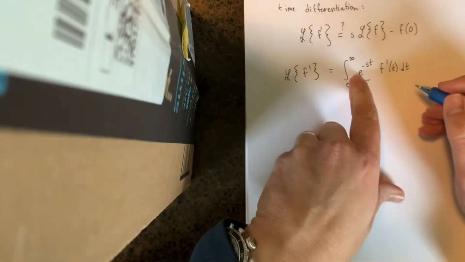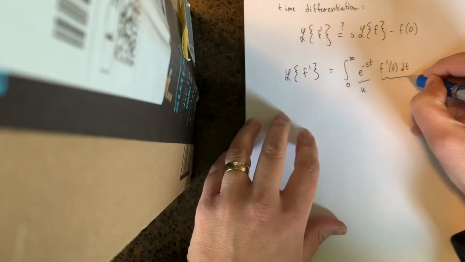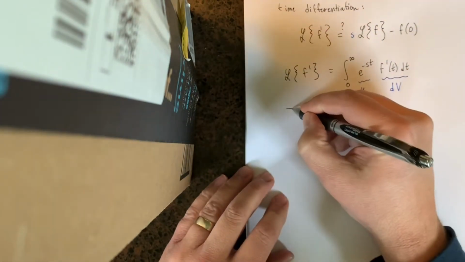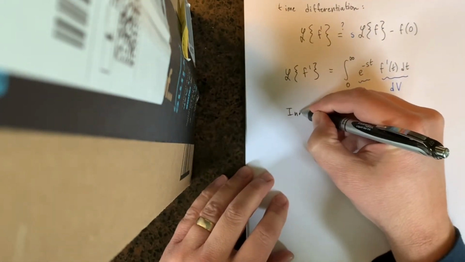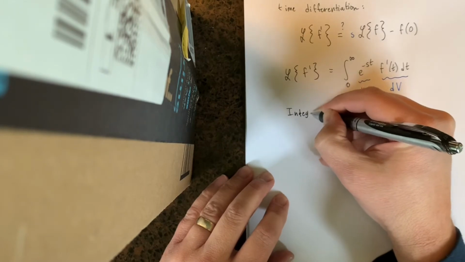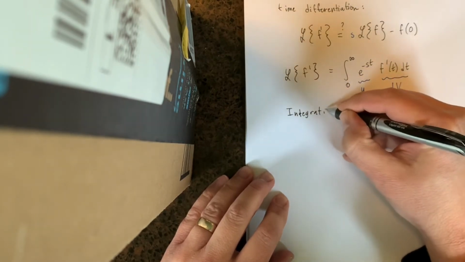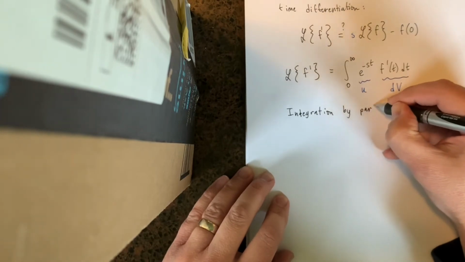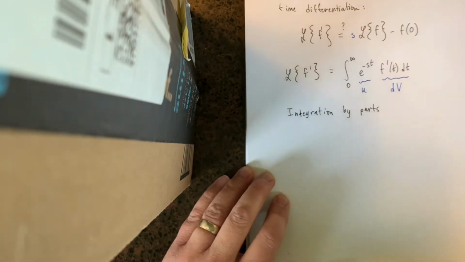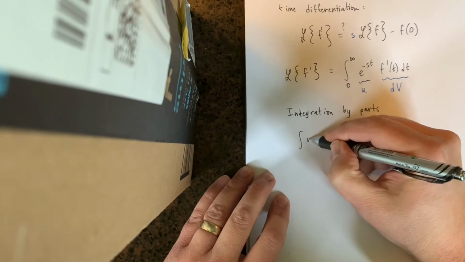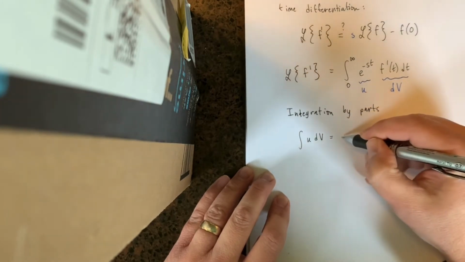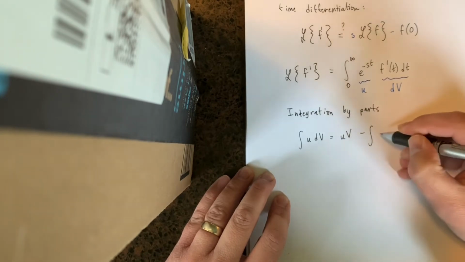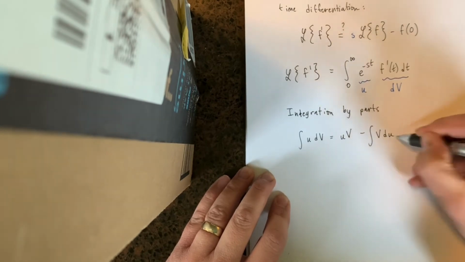We got the integral of u, and then let's dv. The integration by parts, if I integrate this by parts, I've got the integral of u dv equals u times v minus the integral of v du.